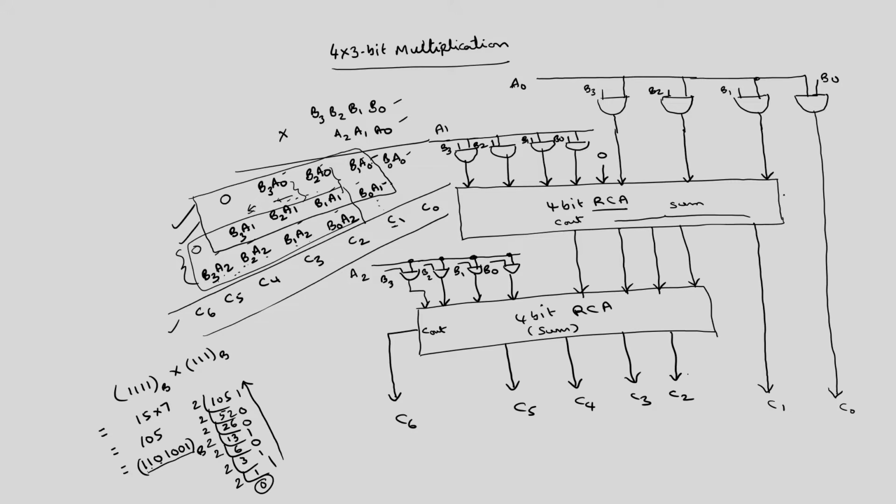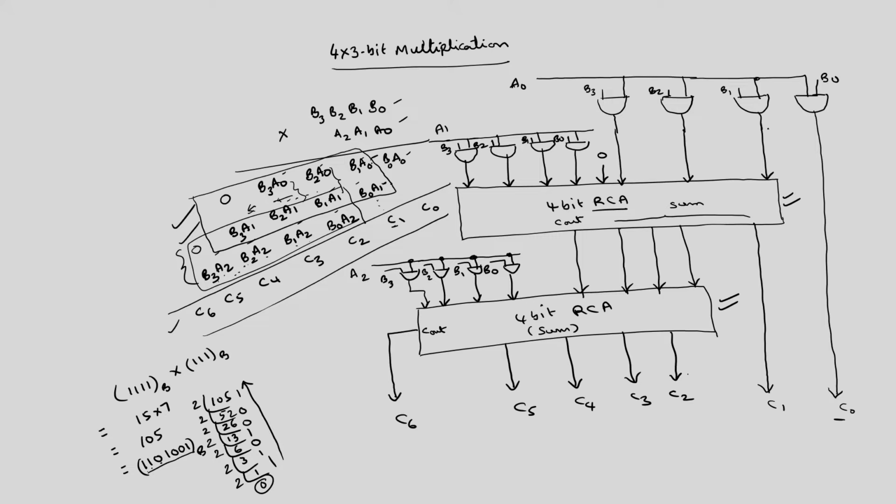Now because we have already written the code corresponding to this 4-bit ripple carry adder, we have to instantiate that code. Okay. So basically you call these outputs of these AND gates as wires. So C0 is directly the output. Okay, no need of a wire here. So for the remaining we require the wires.